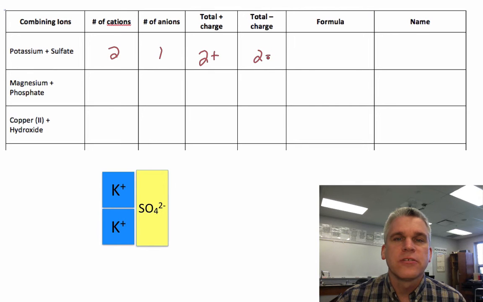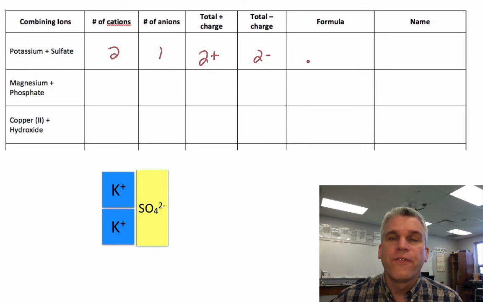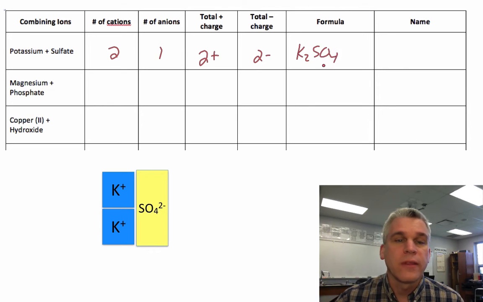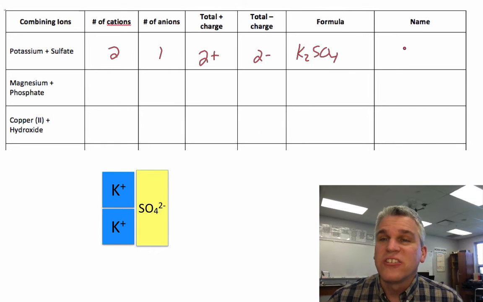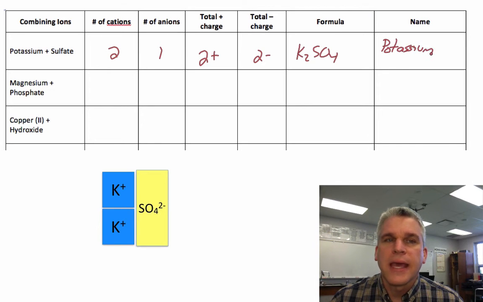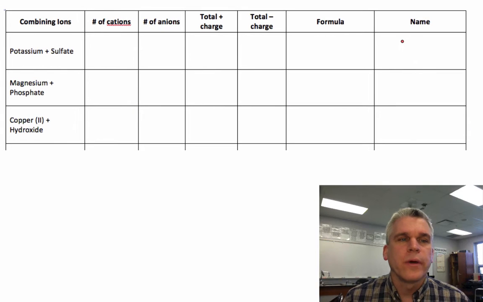The negative charge is 2 negative. The formula is K2SO4, so we only have that 1 polyatomic ion. We don't need parentheses. The name, these are easy to name because nothing changes. So this would simply be called potassium sulfate. Right? Pretty simple.